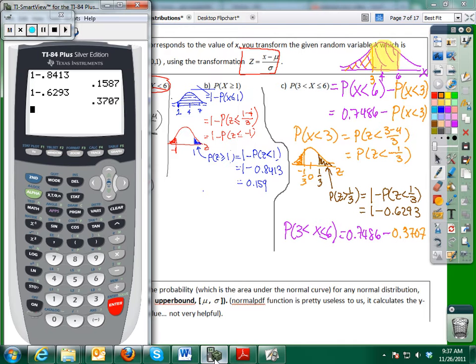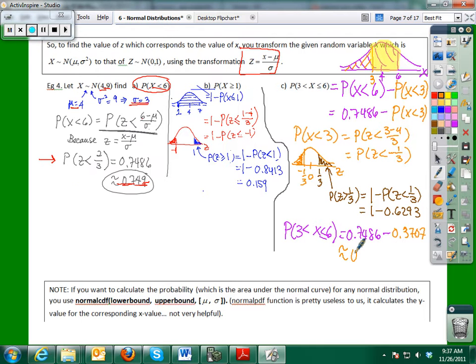Great. So now I need to subtract those. 0.7486 minus the previous thing that I wrote. And I get 0.3779. There you go. That's the probability that we were after.